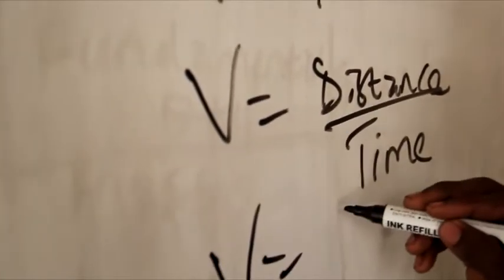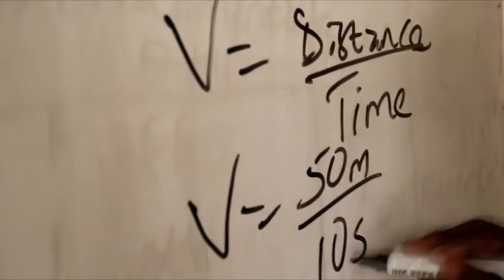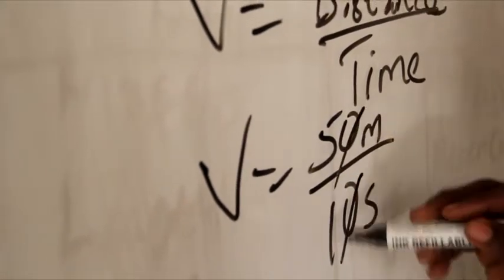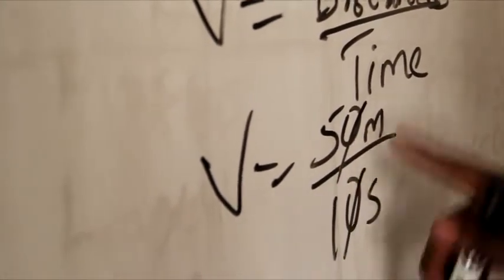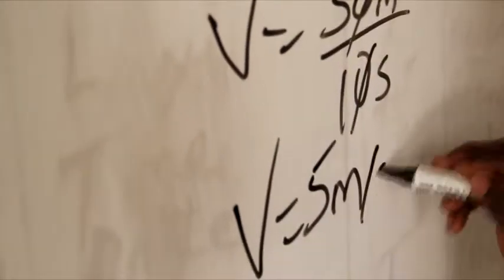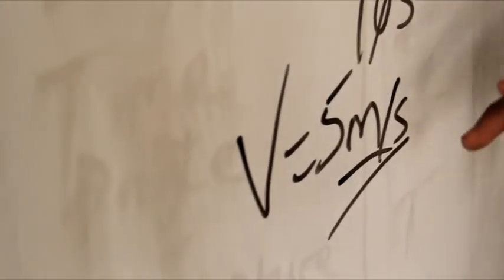So velocity is now 50 meters over 10 seconds. When you divide these, 0 will cancel 0. What you're left with is 5 over 1, which is the same thing as 5. You're left with 5 meters over second, 5 meters per second. So this is how you find velocity, and this is a way to find derived quantities from fundamental quantities.